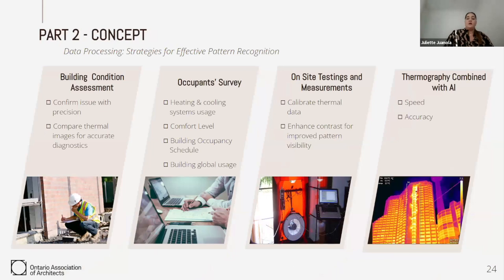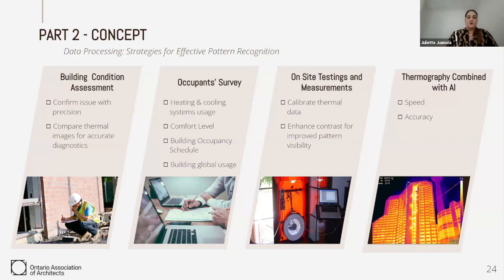Like I said, in addition to the thermography data, there is a lot of data that can be collected that is very helpful to understand how the building works, how everything functions, and to gain very accurate knowledge on the building envelope. So of course, there's the building condition assessment that I mentioned previously and the occupant survey. Some on-site testing and measurements can also be conducted.